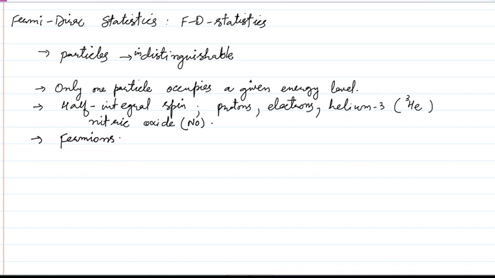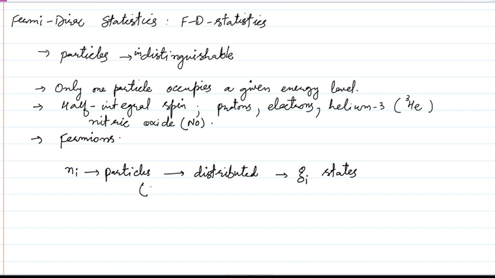Now we will see its derivation part. Suppose we consider that Ni particles are distributed among Gi states, and the condition here is that the Gi states are greater than the Ni particles.